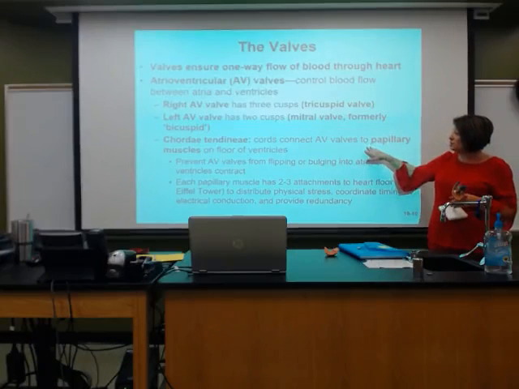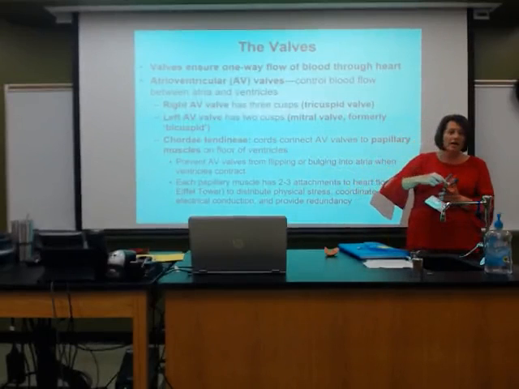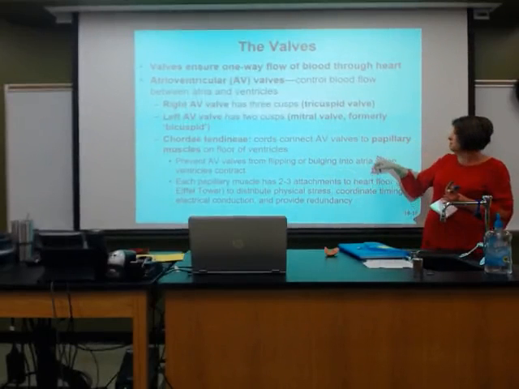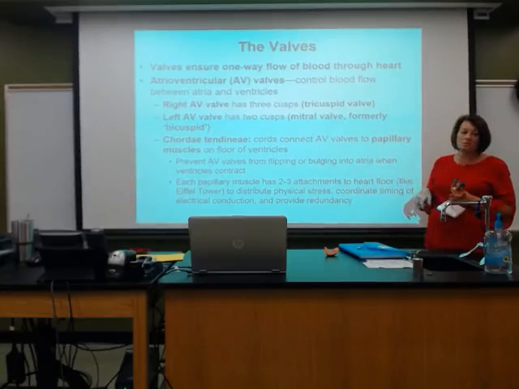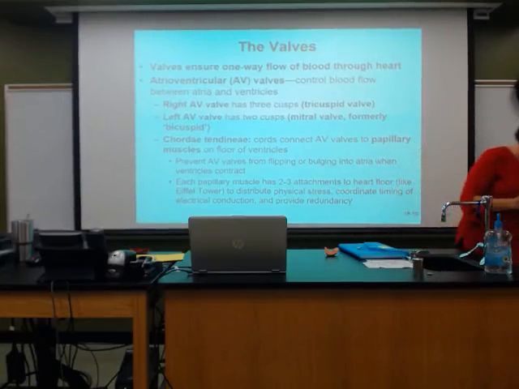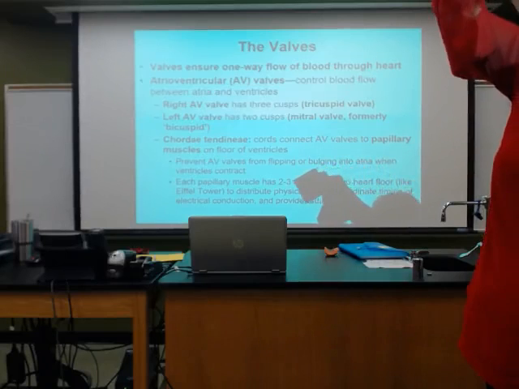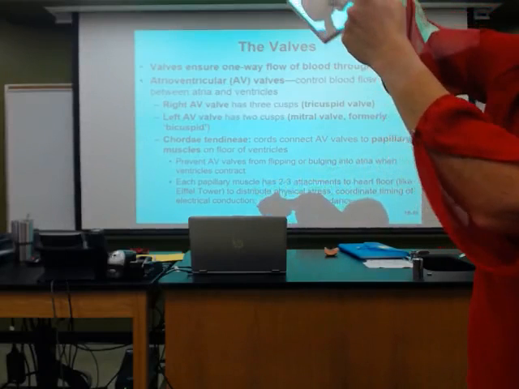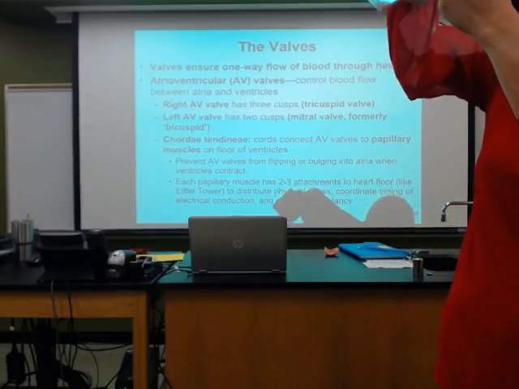What these do, they connect the valves, the tri and the bi, to papillary muscles that you find on the floor of the ventricles. Find those little cords and trace them down to where it looks like they're trying to attach.